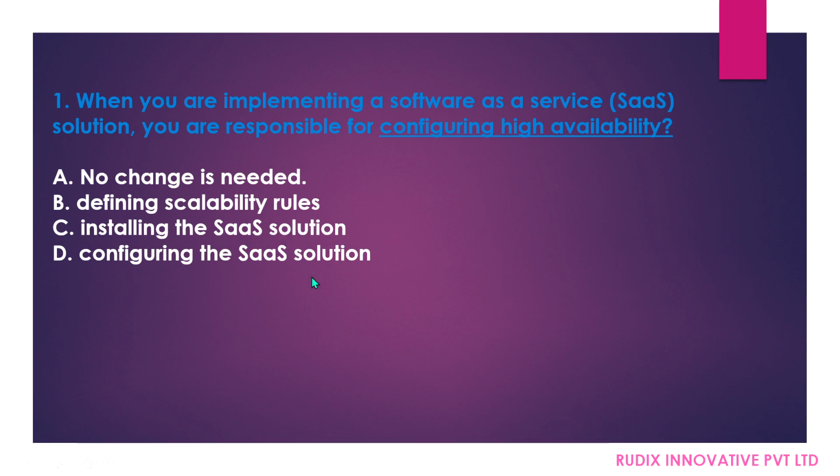So I will explain clearly. When we implement a software as a service solution, configuring high availability is crucial to ensure continuous access to the service. This involves setting redundancy mechanisms, load balancing, and other measures to minimize downtime and maximize reliability.